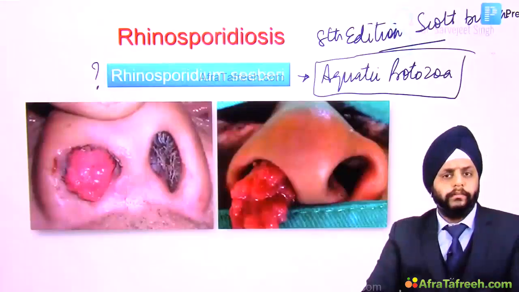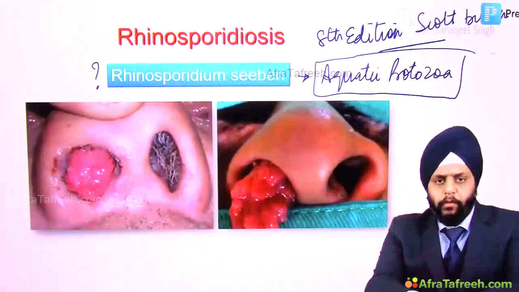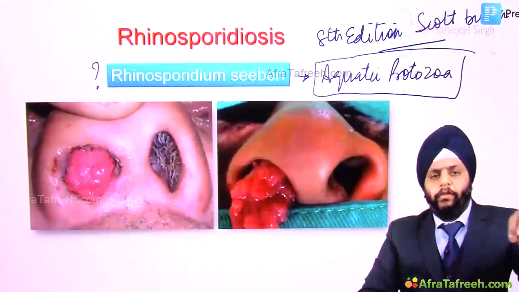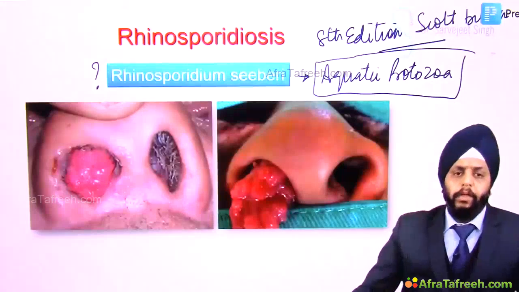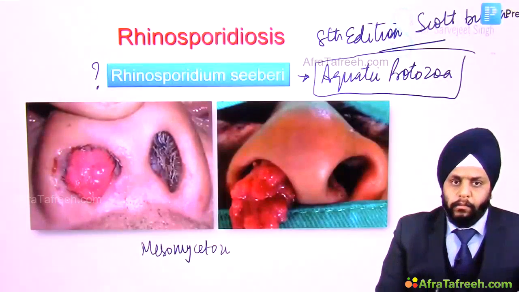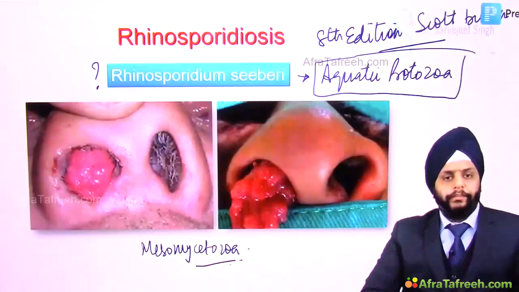So what was done? This organism was taken out of fungus, okay, and it was placed under mesomycetozoa. Okay, right?